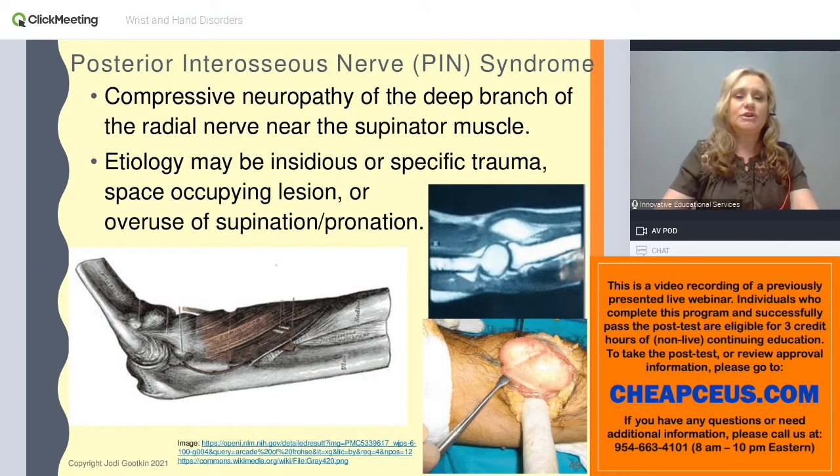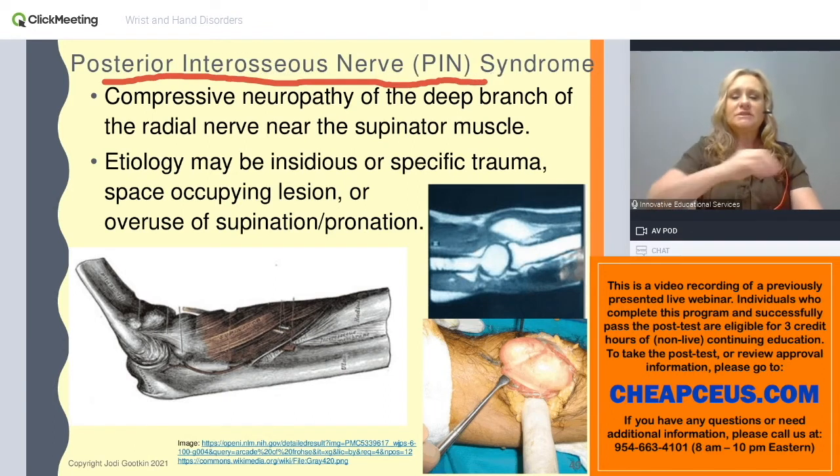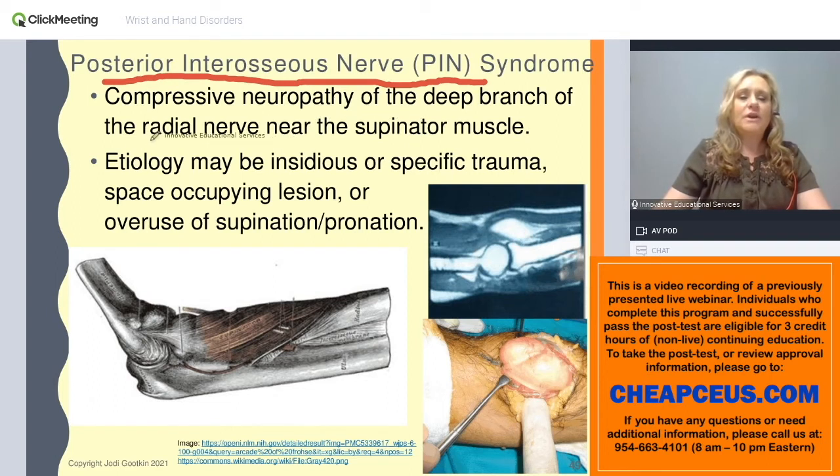Posterior interosseous nerve syndrome is going to be compression more proximally on the posterior aspect in the supinator region. This is involving our radial nerve.